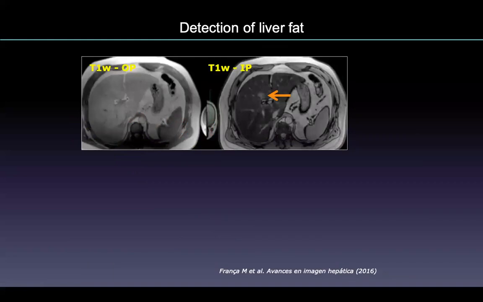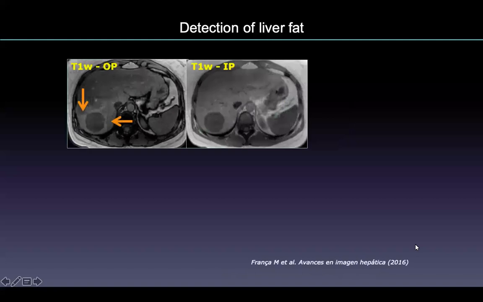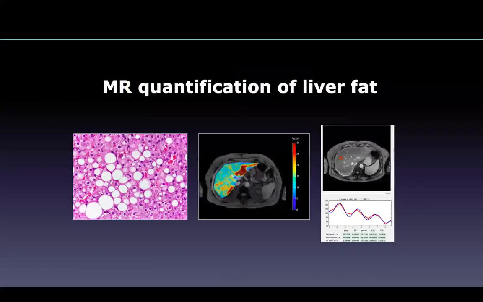So these classical sequences allow us to recognize different patterns of hepatic steatosis, like in this case with homogeneous distribution with a small spared area, or with a heterogeneous distribution. Or we can have spared areas surrounding focal liver lesions, or even a pattern like this, a nodular or pseudonodular pattern. But these sequences are not able to quantify fat.